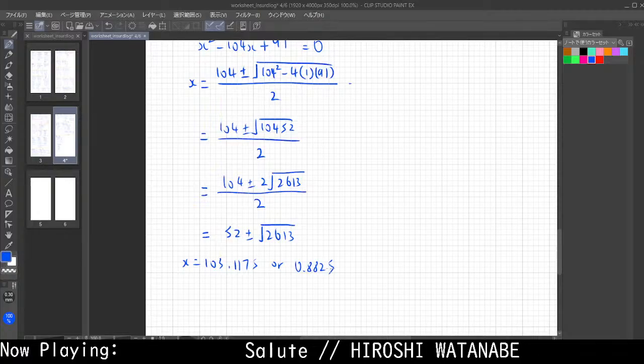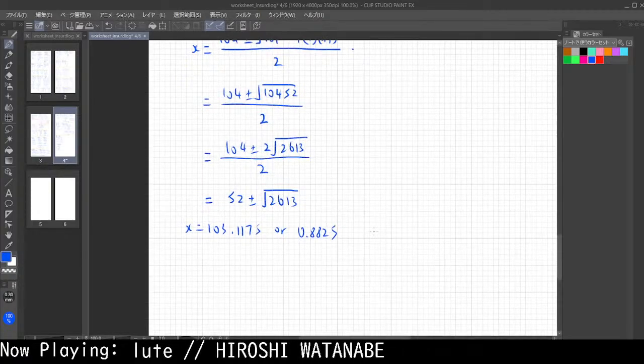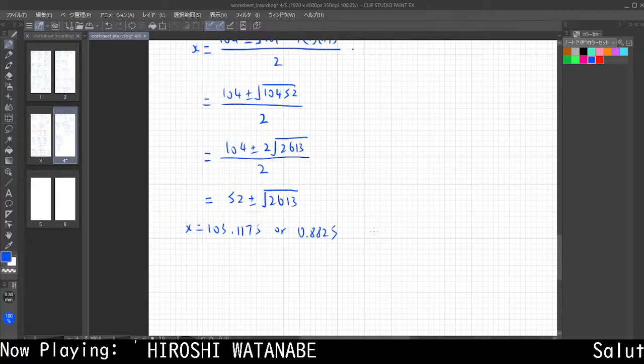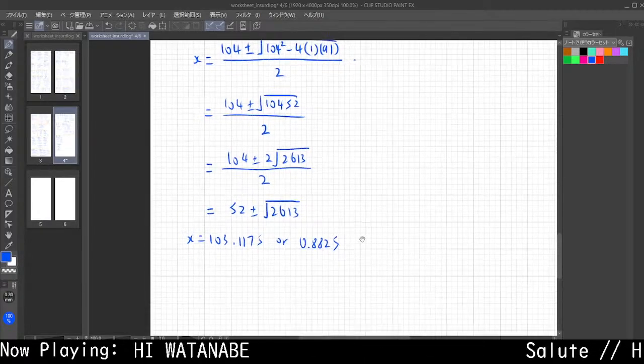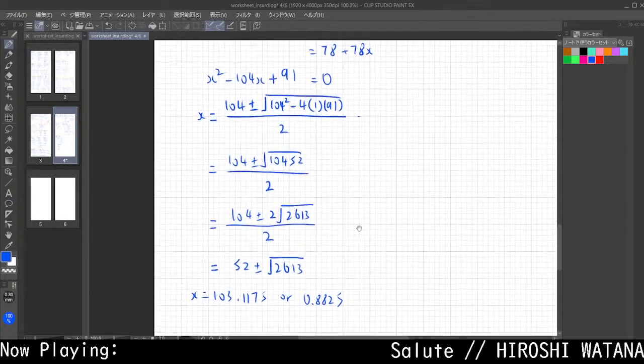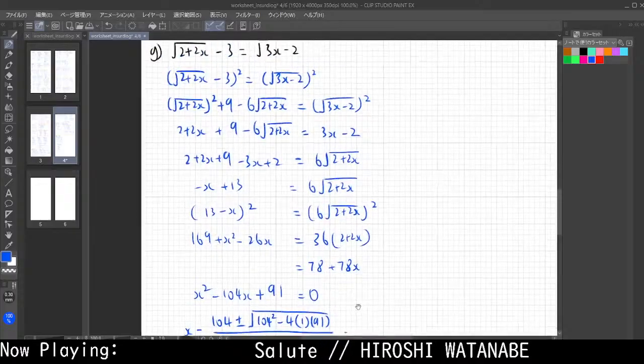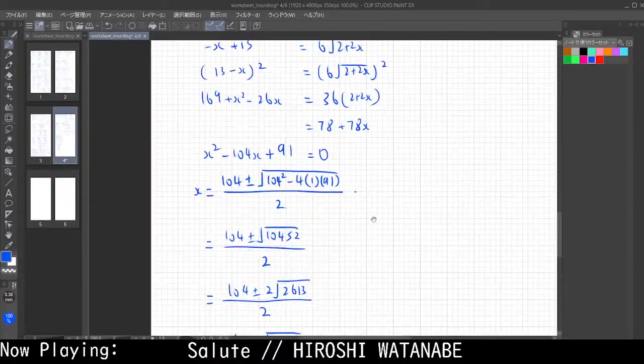Yeah, it is that much. Root 2613 is like 50 something. It's not 51, but it's 50 something. I think it's 51 point something.